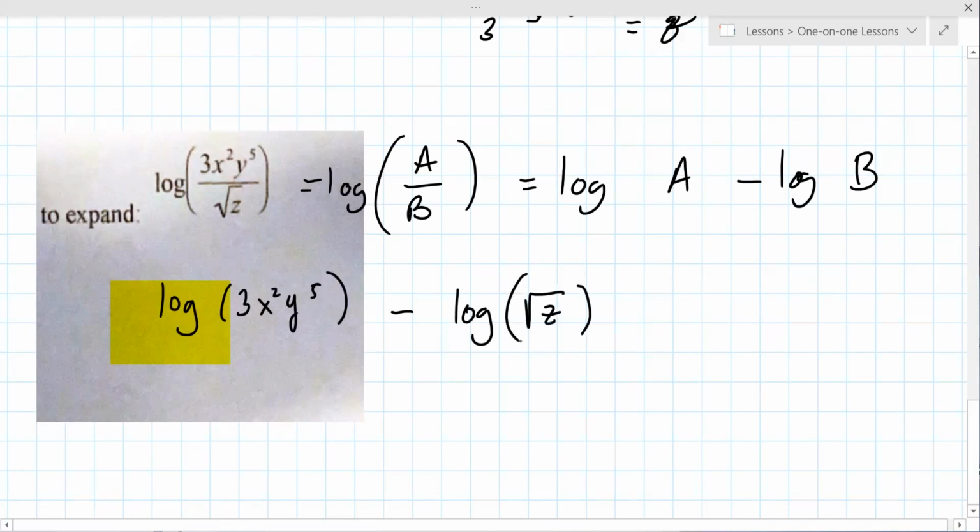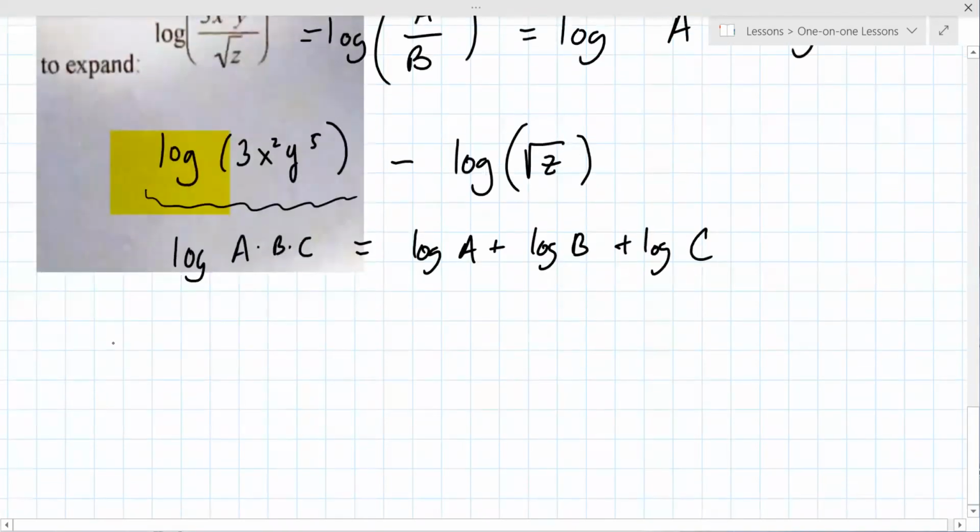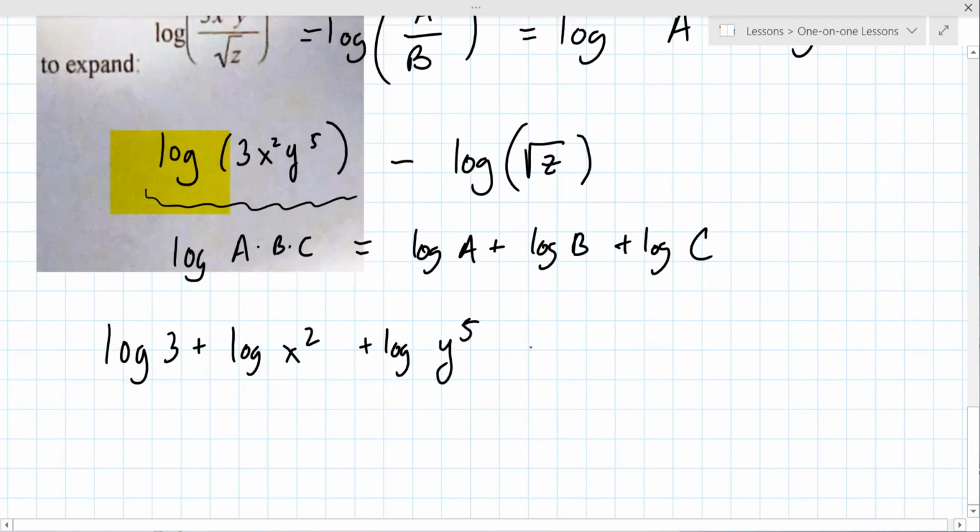Is that okay up until now? Yeah. Okay, so now this one on the left, it's log of a times b times c, and that becomes log a plus log b plus log c. So it literally becomes log 3 plus log x squared plus log y to the 5th minus log. Now square root of z is really z to the 1/2 power.